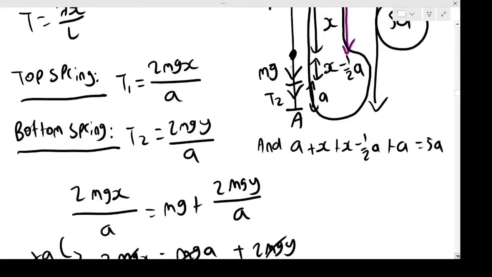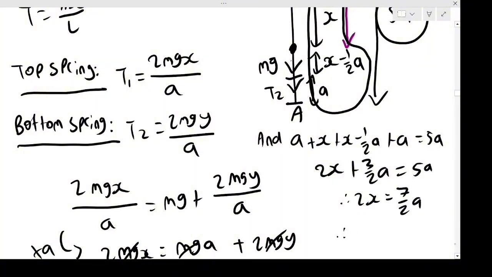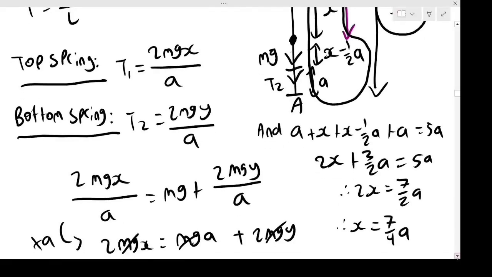And so then I can solve for x here. If I simplify it, I get 2x plus 3 over 2a is 5a. So 2x is going to be 7 over 2a. Therefore, I can divide by 2, so x is going to be 7 over 4a.